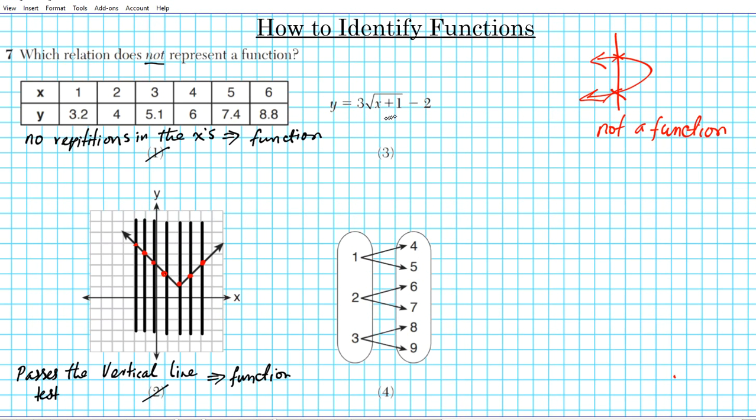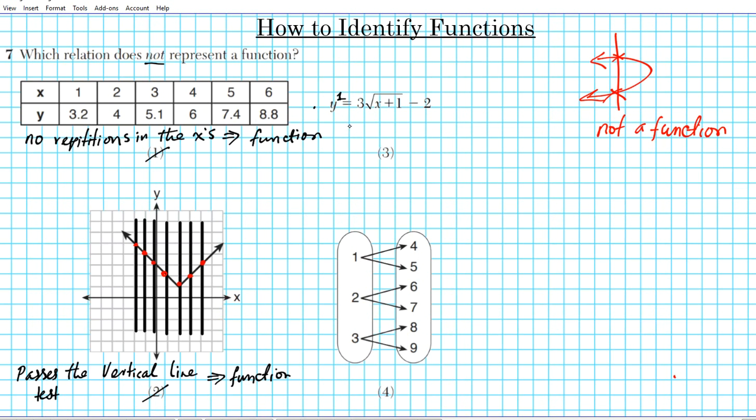So we have a function right here. All we do is we look at the power of the y and also what's around it. Y doesn't have a power, so the default power is going to be 1. Alright? So if your y, your output, has an odd power, and does not have absolute value brackets, then it is a function, and that's the case here.